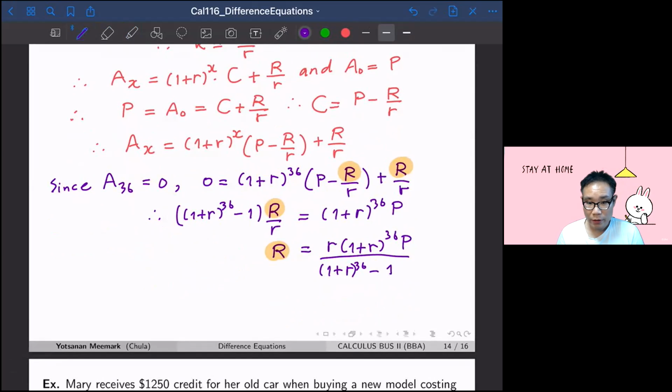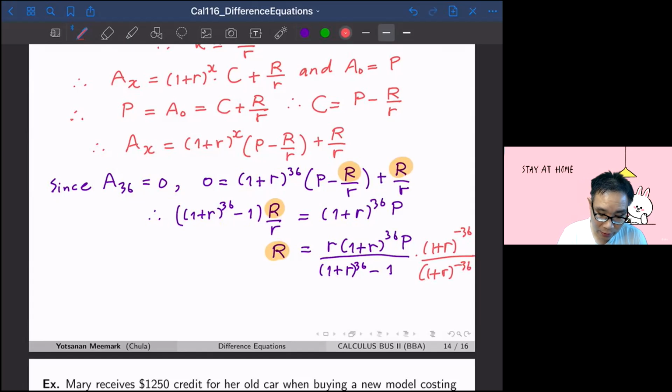However, you see that this one is a little bit messy, so we're going to multiply by (1 plus r) to the negative 36 on top, and (1 plus r) to the negative 36 on the bottom.